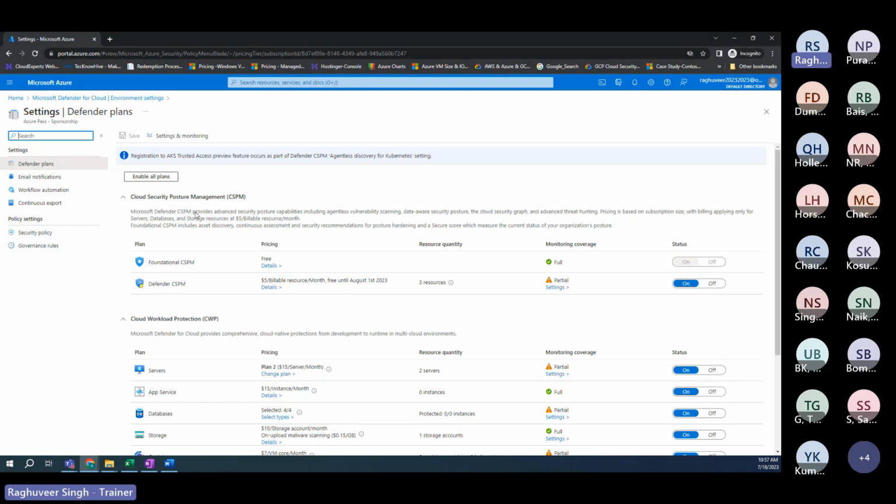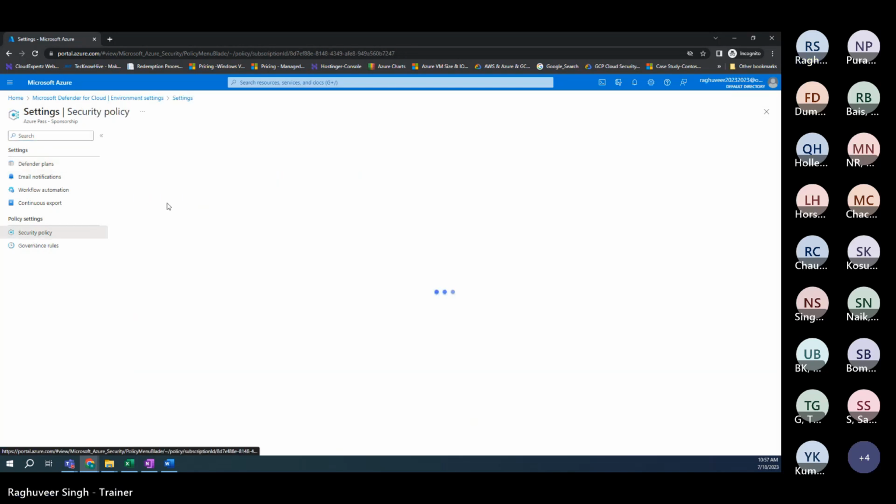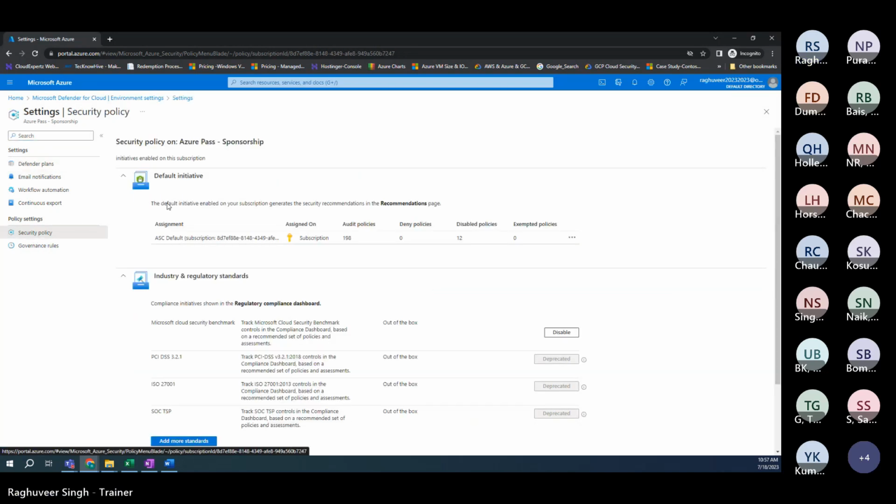This is what we enable from here. On the same page where it says Defender plans, underneath policy settings, you will see security policies. Do you all see that?